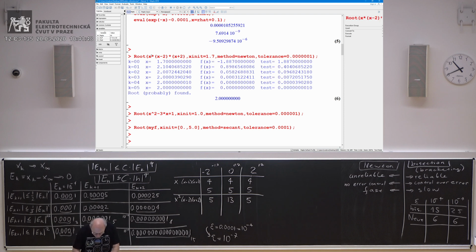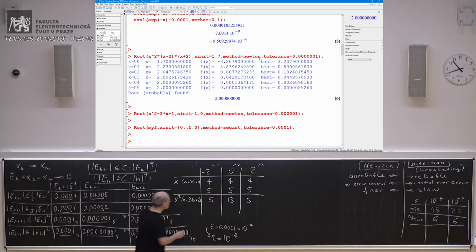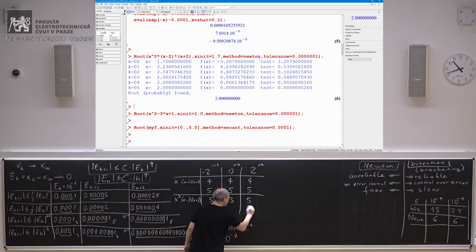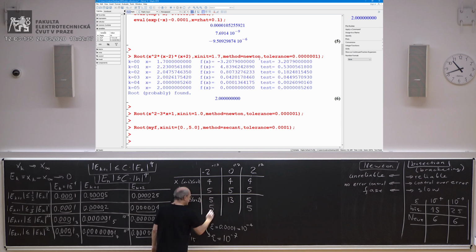Now let's change the power to 2 again. So that's the x square polynomial. We start at 1.7, I fire it up, and I get 5. So we need 5 iterations, also for improved precision. This is interesting. How is that possible?